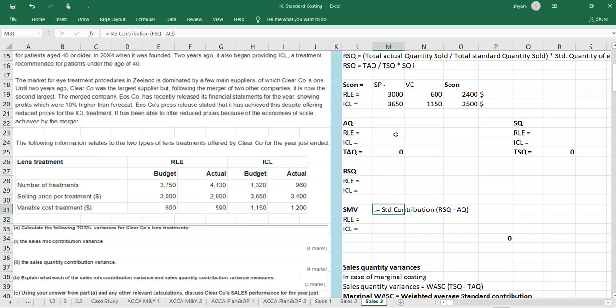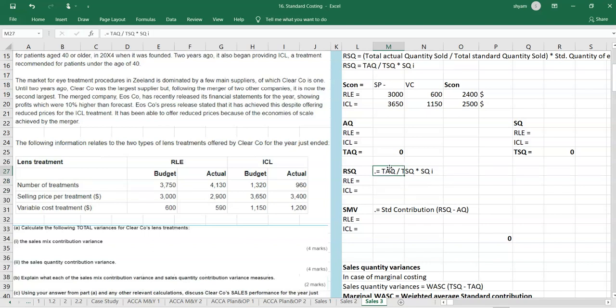So we first have to get the AQs. To get standard contribution, we have to now get RSQ. So the RSQ formula is this. I hope you remember: TAQ by TSQ into SQI.